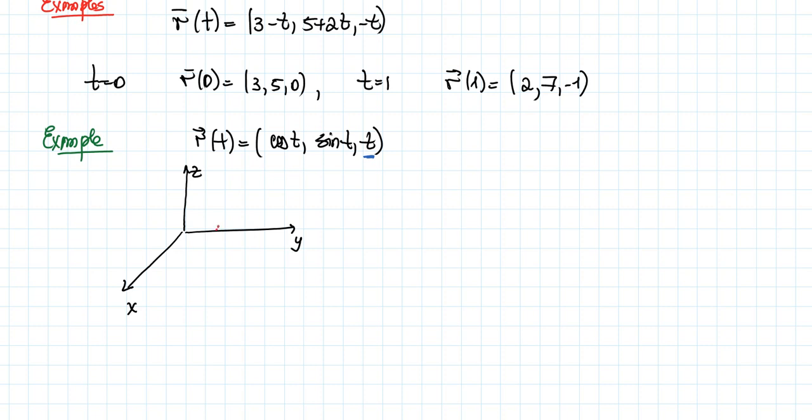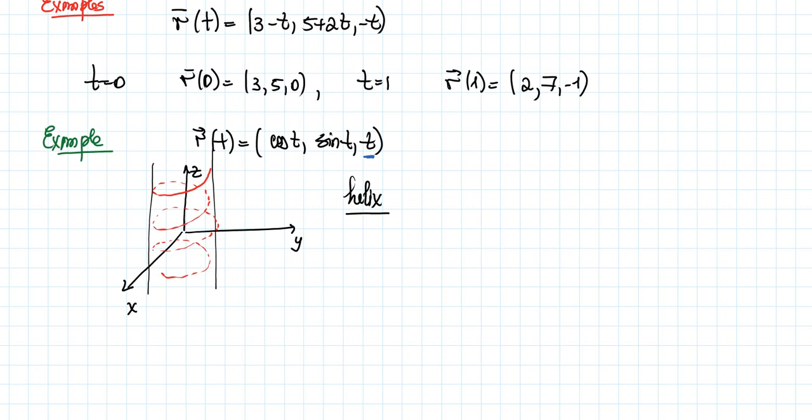It is going to be like this, where the radius is going to be equal to 1. Do you understand this? So this kind of curve is called a helix. This is the curve of the helix, and this is the vector equation, or you can call this a parametric equation of the helix.